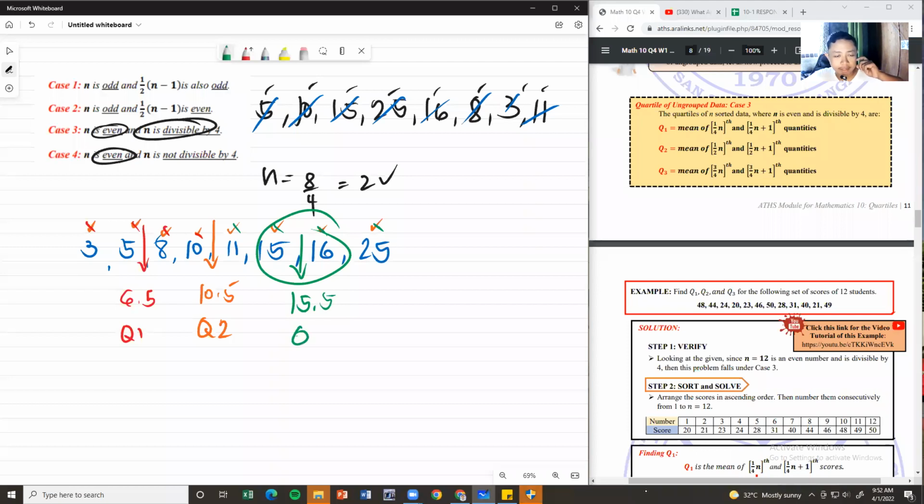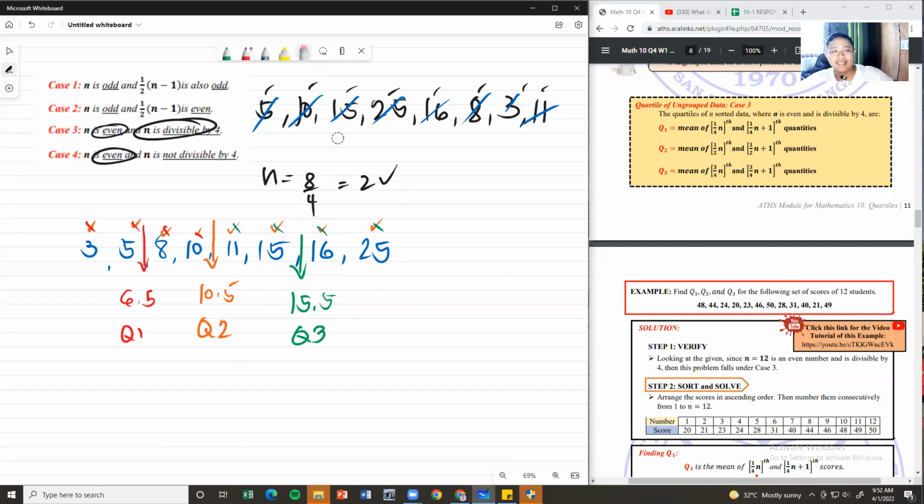And that's our quartile 3. Show me a reaction if that's clear. Very good. That's the fastest way to solve this. My challenge for you now is to do the formula if you want to follow it. But by simply doing this, you can already resolve that problem. Okay? Thank you so much.